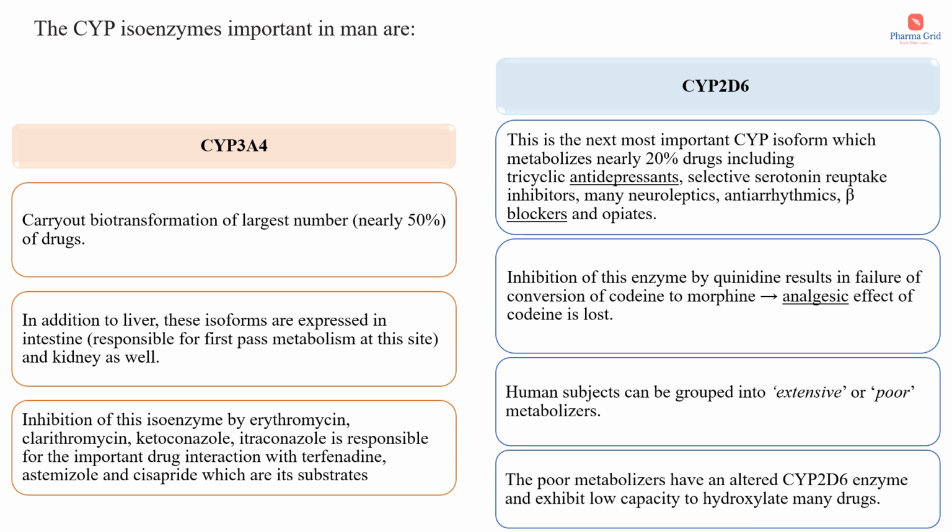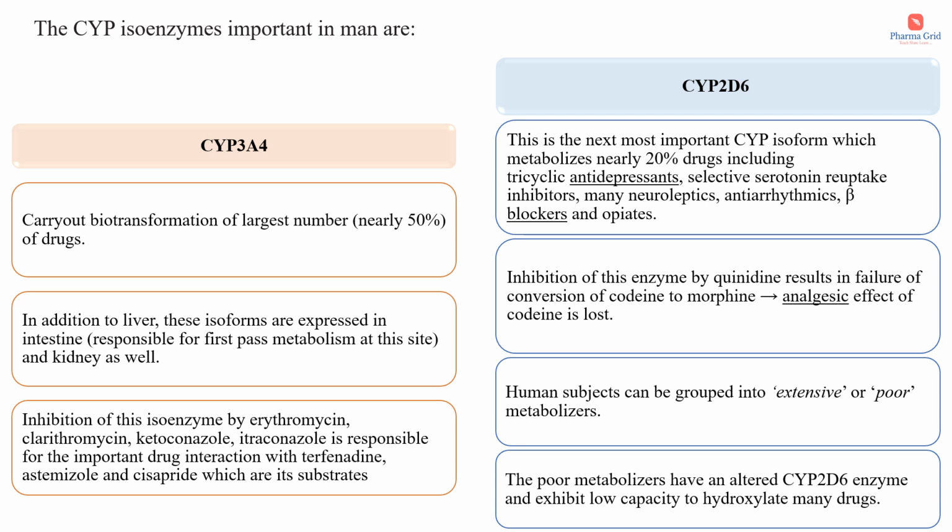The cytochrome P450 isoenzymes important in man are CYP3A4 and CYP2D6. CYP3A4 is the most abundant form and involved in metabolism of more than half of clinically used drugs, and the next most common form is CYP2D6.